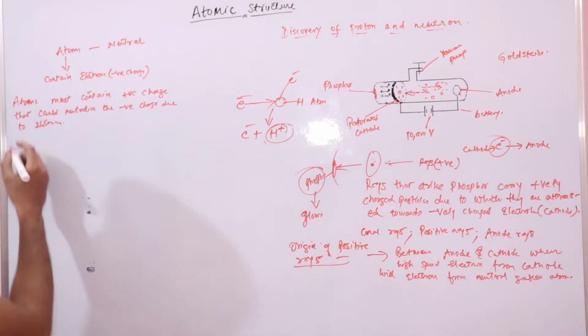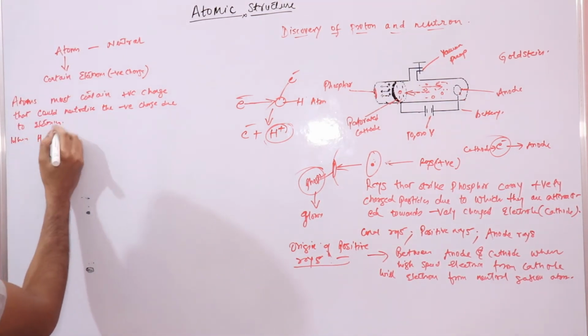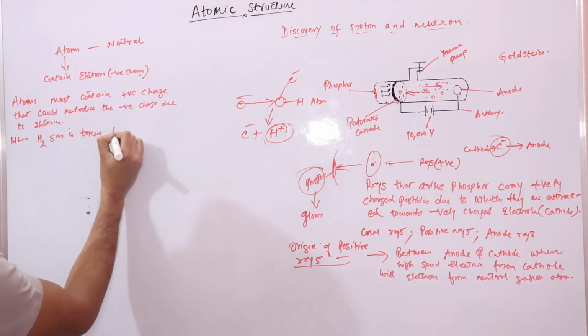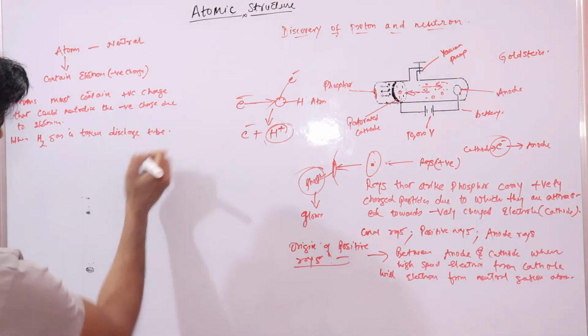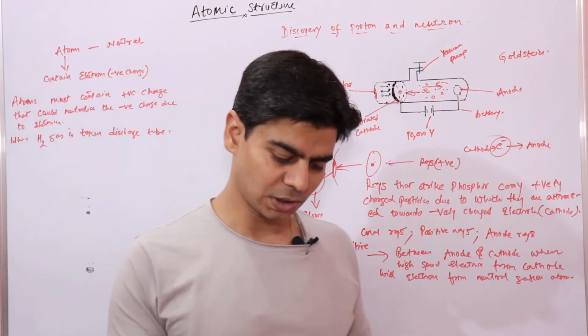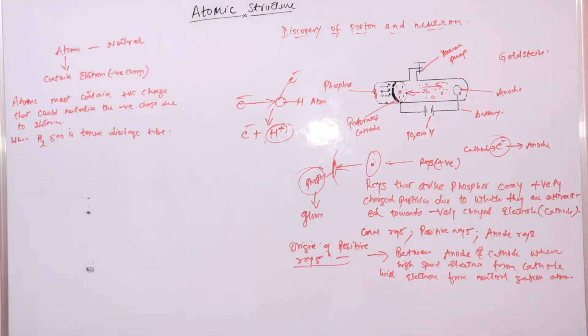So when hydrogen gas is taken in the discharge tube, it was found that the positively charged particles that were produced are the lightest. The lightest positive particles were observed when hydrogen gas was taken in the discharge tube.